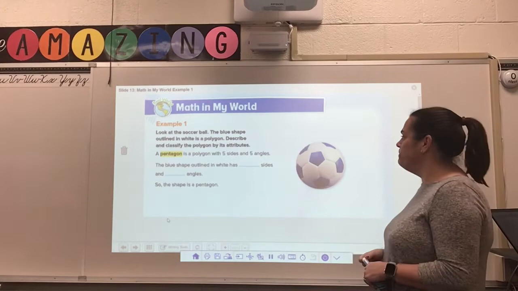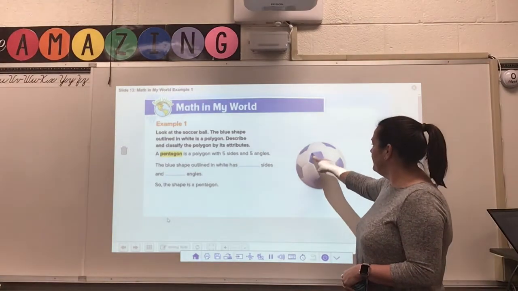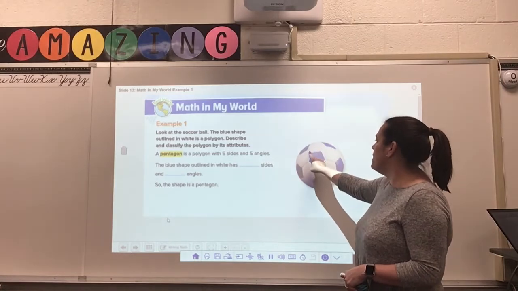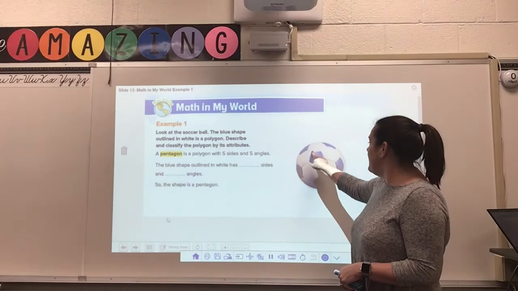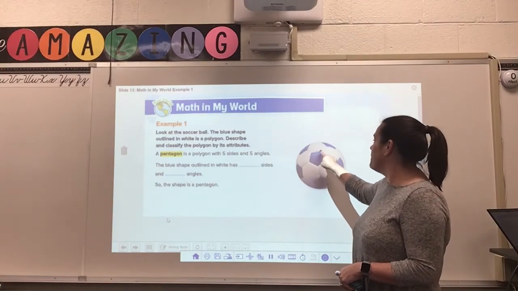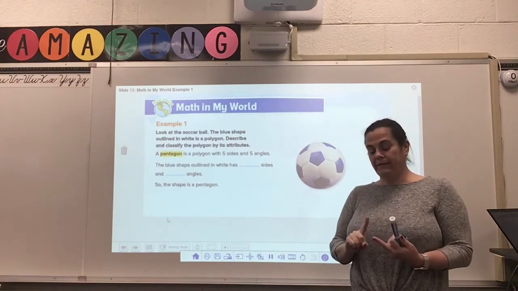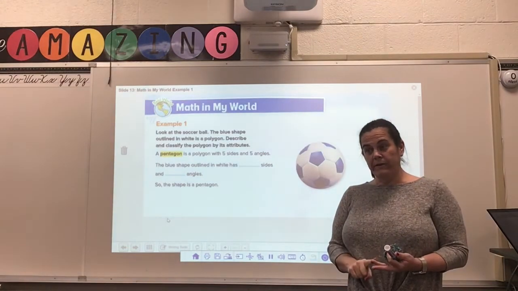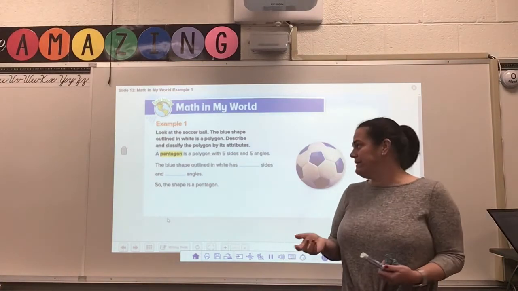So we are going to call this polygon, let's see, its attributes are that it has 1, 2, 3, 4, 5 sides. It has 1, 2, 3, 4, 5 angles. So if I look at its attributes, it has 5 sides and 5 angles, then I can classify or name it as a pentagon.